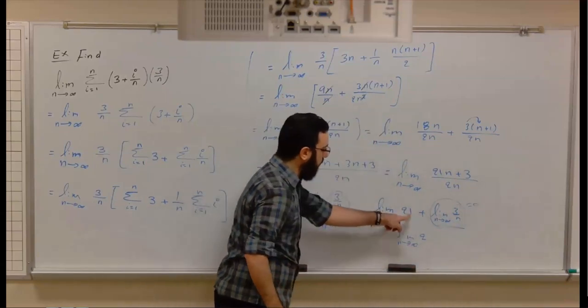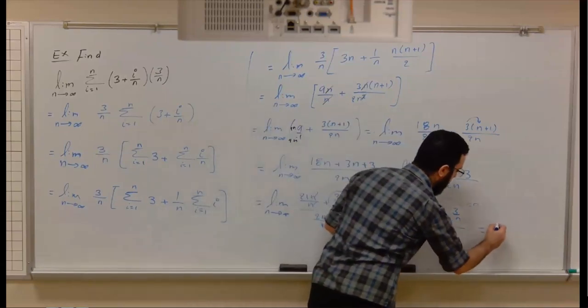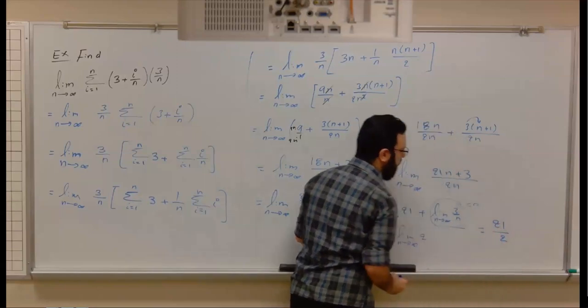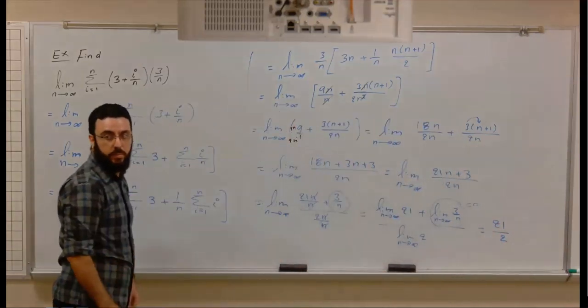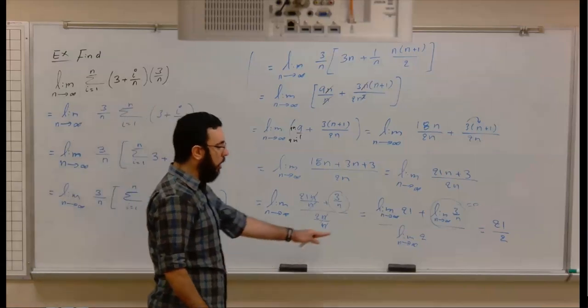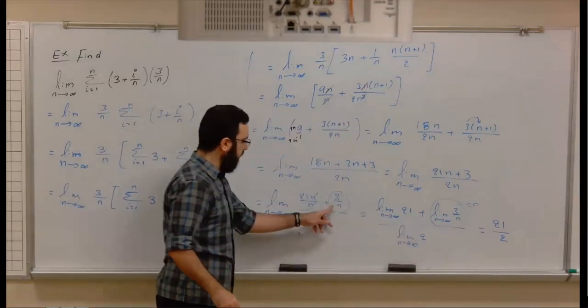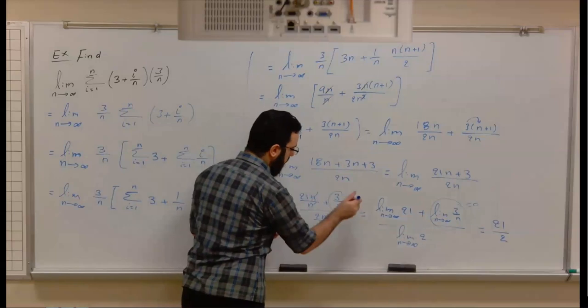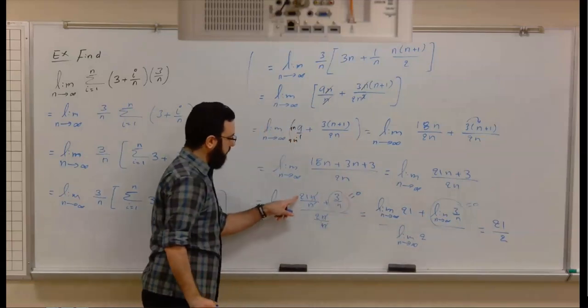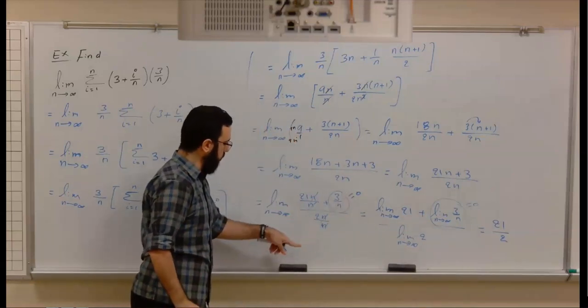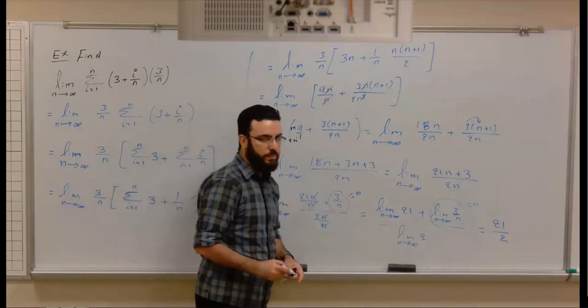The limit of a constant is the constant. It means 21 over 2. Okay? So this is always 0. That means what's left here is 21 over 2. The limit is 21 over 2. Okay?